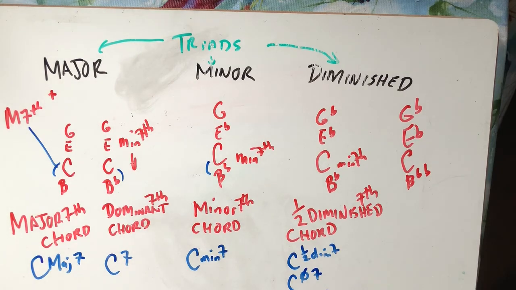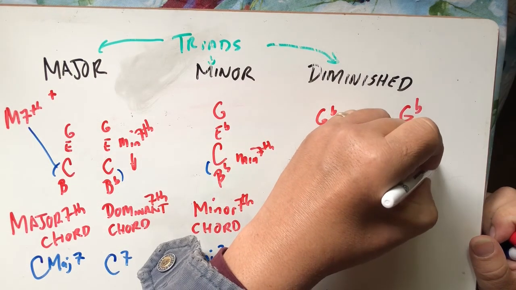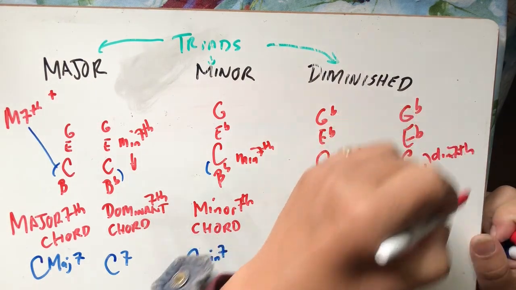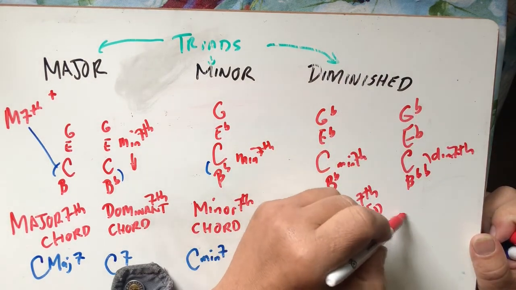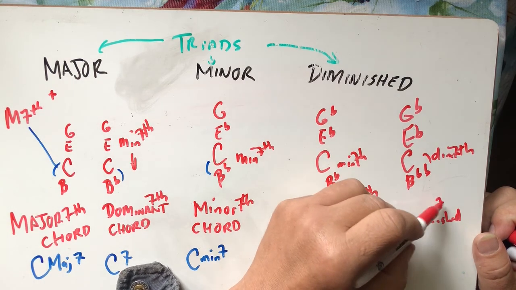Okay, and so now we have a diminished triad and a diminished 7, right? That's called a diminished 7th chord.